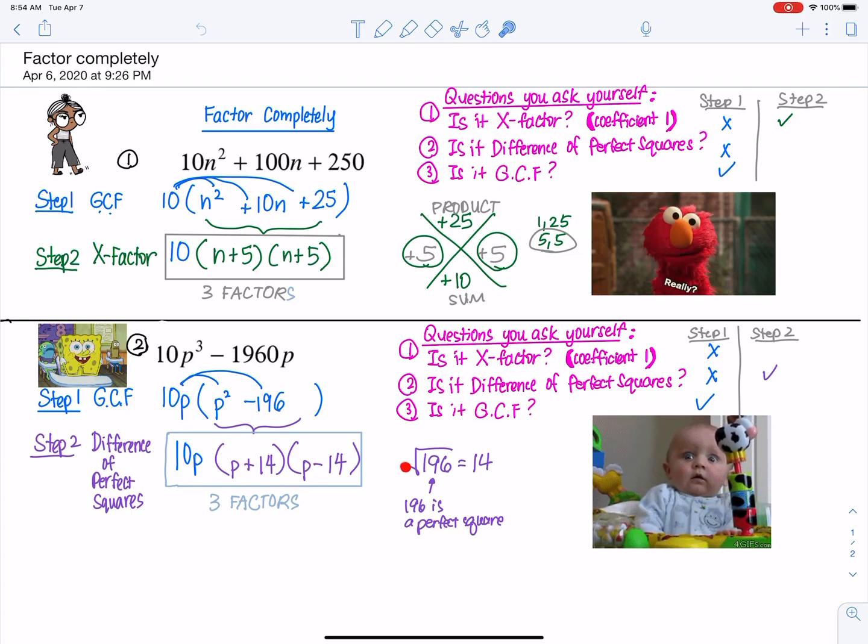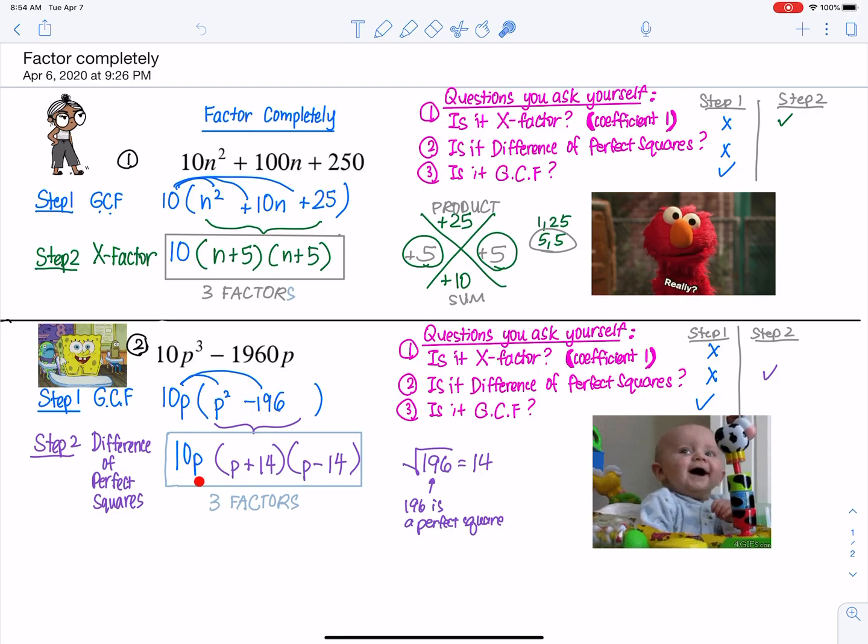You just have to do the square root of whatever number you're trying to figure out. So the square root of 196 is equal to 14, which means 196 is a perfect square. So we have 14 times 14 is 196. Now, if you notice, they're perfectly the same. The only difference is the sign in between, because positive times negative is negative.